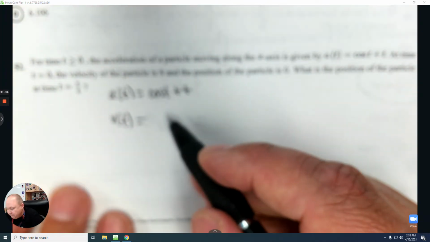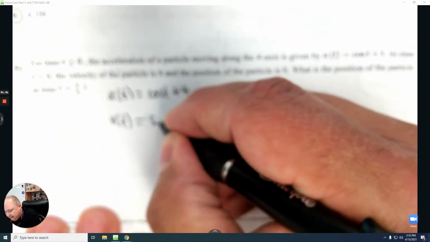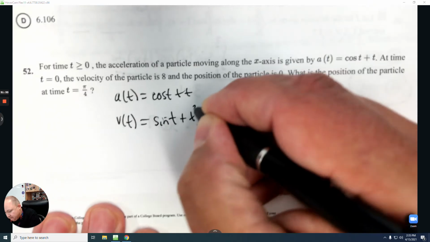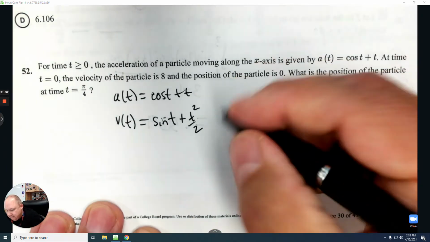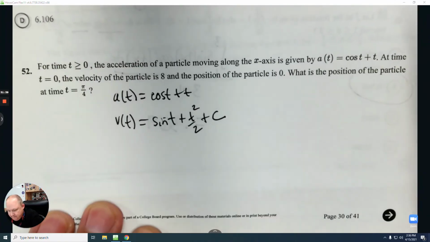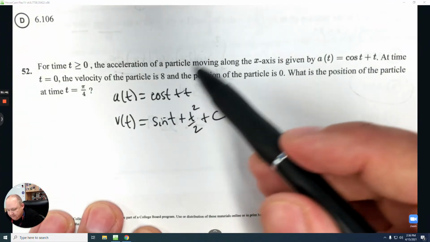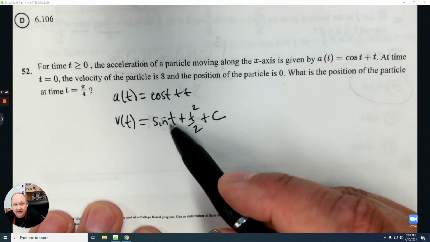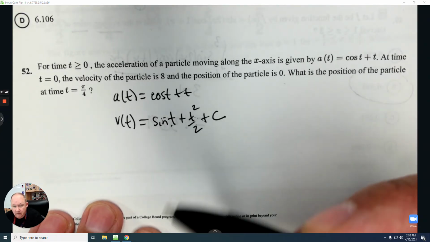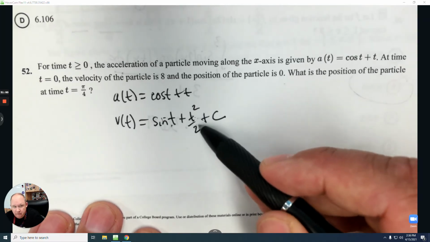So the integration of cosine is sine, and the integration of t is you add 1 to the exponent and divide by that exponent, plus c. It says the velocity is 8 when you plug in 0 for t. Well, sine 0 is 0, and 0 divided by 2 is 0.